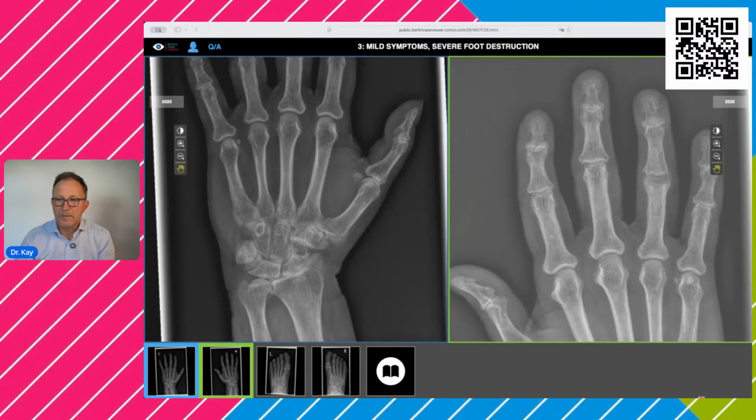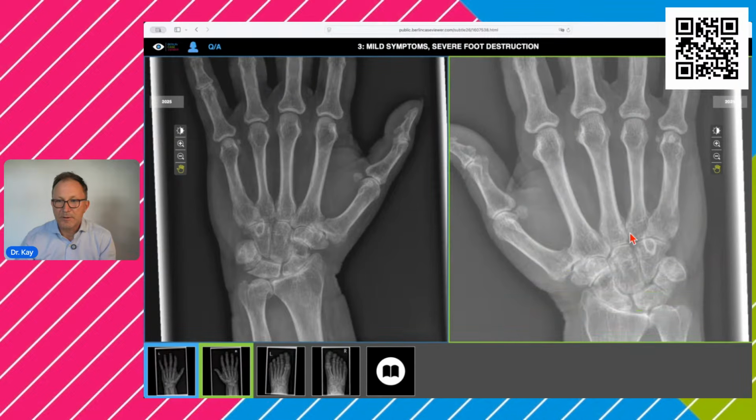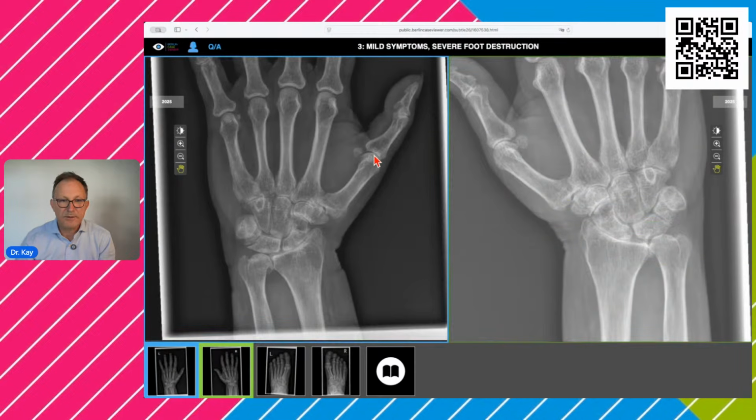Then the next is the wrist, because at the wrist, there are several things that are not right. You see the joint space between the lunate and the radius is normal on both sides, but the joint space between the scaphoid and the radius is not normal.